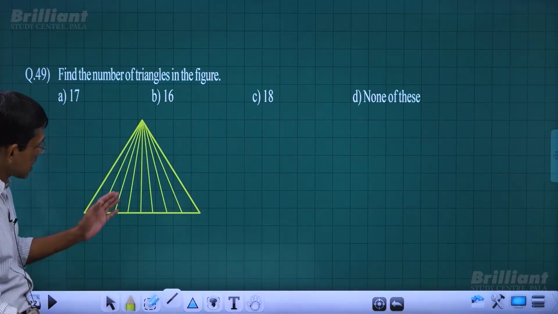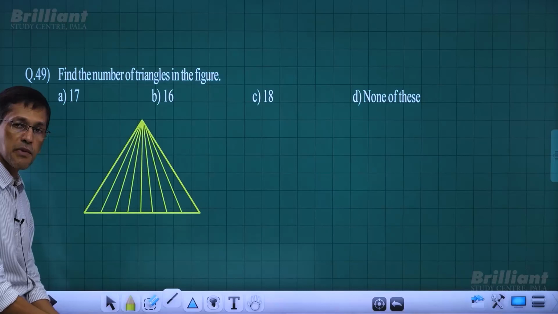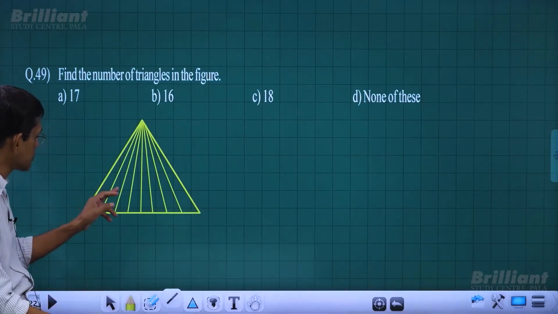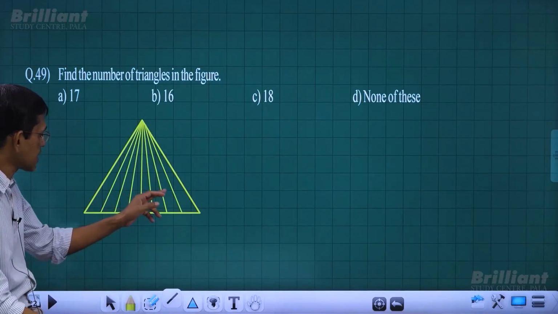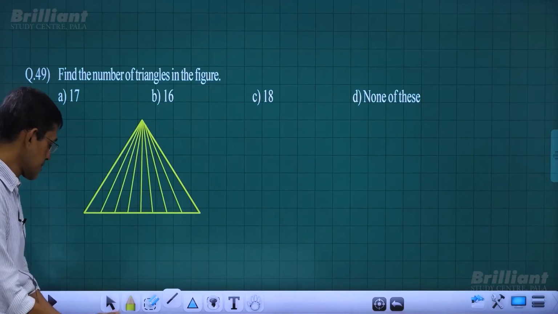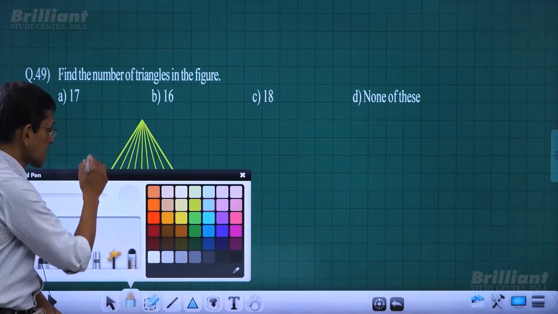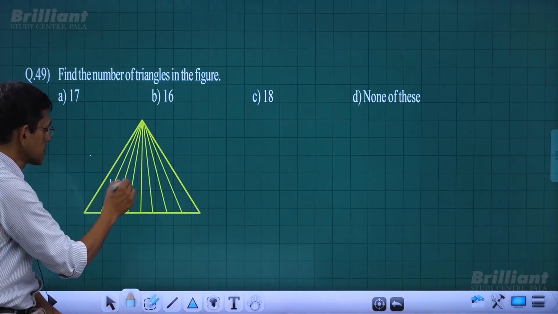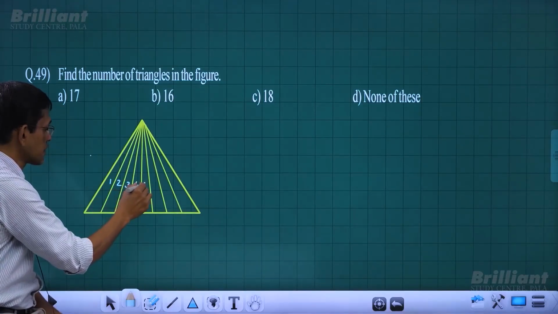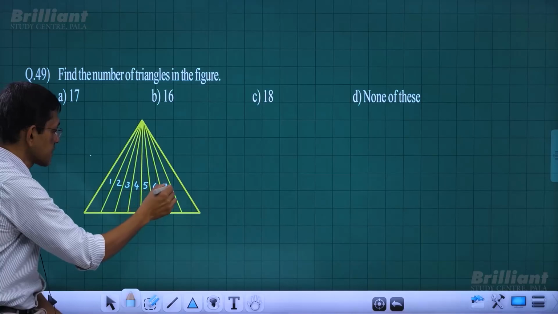This triangle is partitioned into a number of pieces. How many pieces? 1, 2, 3, 4, 5, 6, 7, 8 pieces. How many triangles are here? 1, 2, 3, 4, 5, 6, 7, 8.